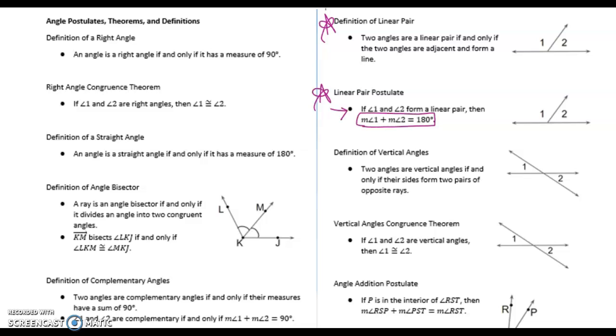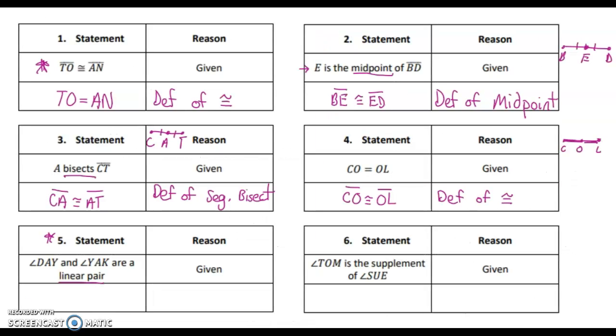So that's where I think we need to go, because we had a statement that said two angles form a linear pair, or they are a linear pair. So we can now go to the angle 1 plus angle 2 equals 180. Except we don't have angle 1 and angle 2. We have measure of angle DAY plus measure of angle YAK equals 180. And that was the linear pair postulate.